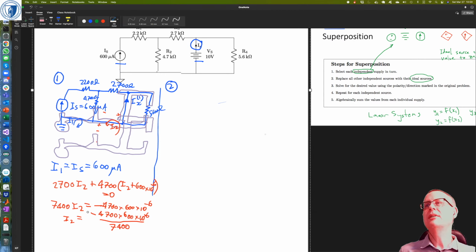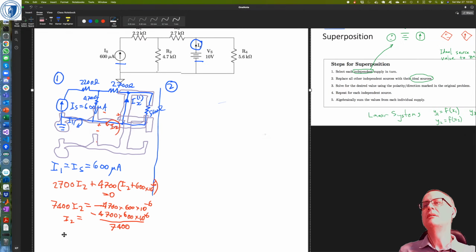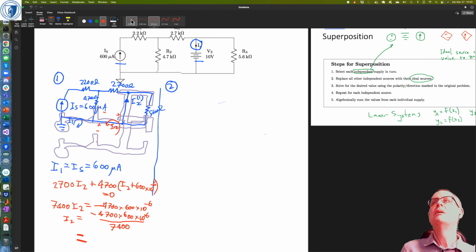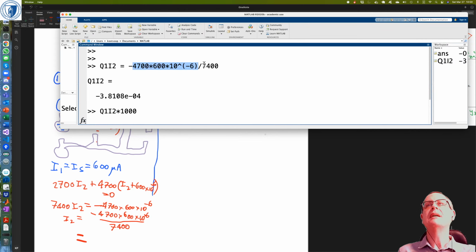Right, and what did I say? Minus 0.3811? Yeah. So I2. Is that microamps or milliamps? So I converted everything into amps, right? 600 by 10 to the minus 6.